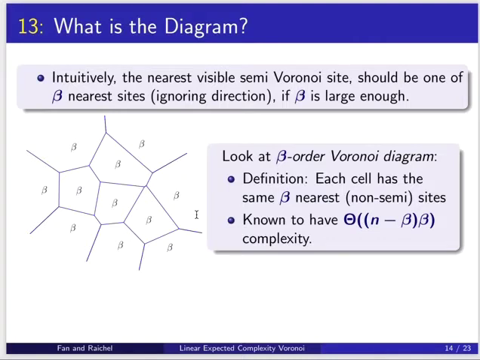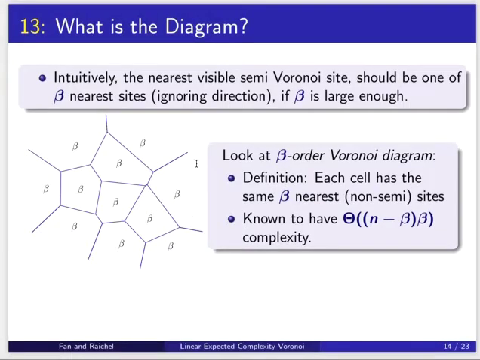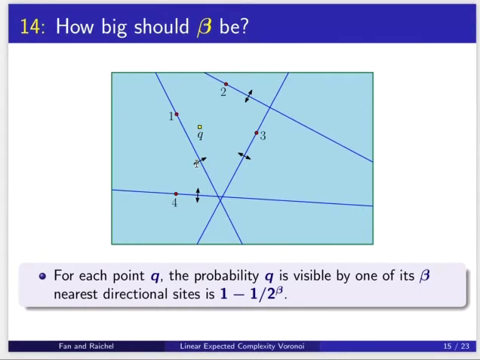That means we partition the plane into (n minus beta) times beta cells, and each cell has a worst case beta square complexity. So the problem is how big should beta be?